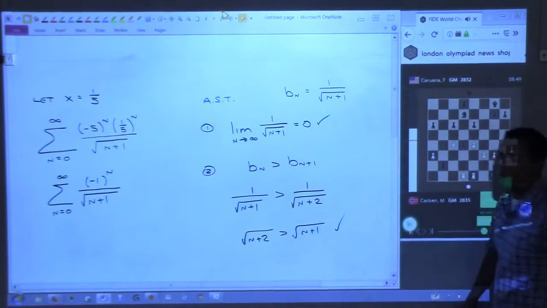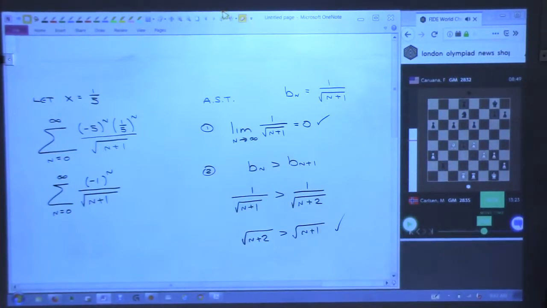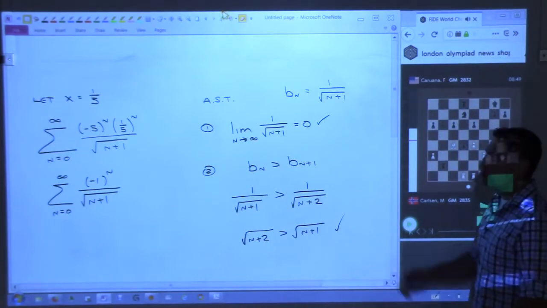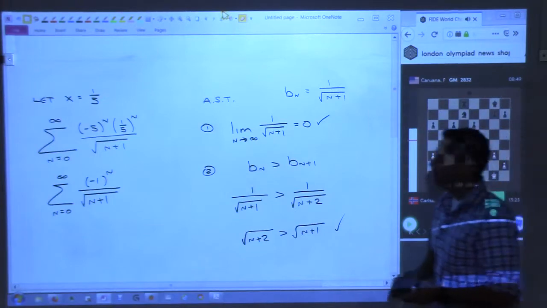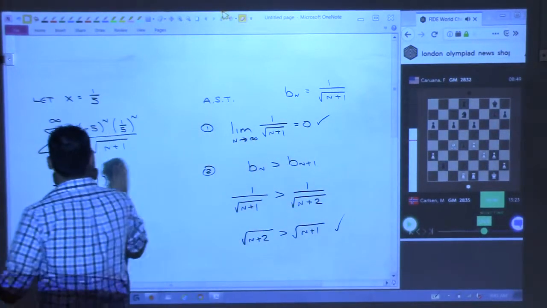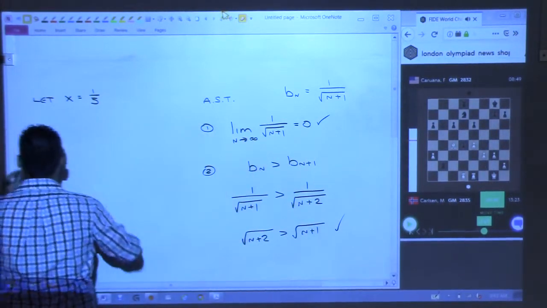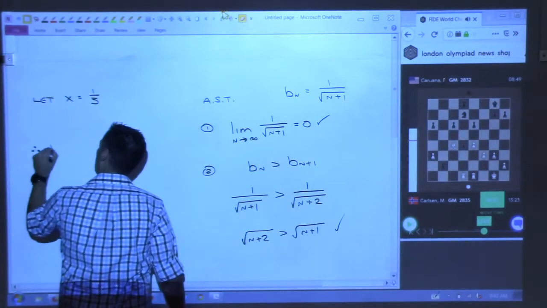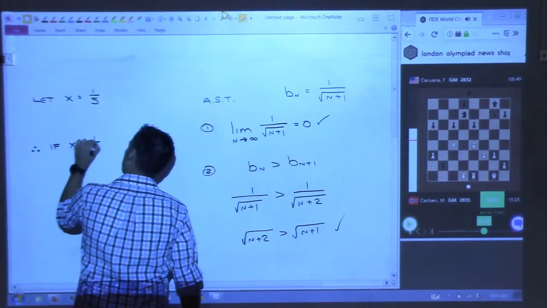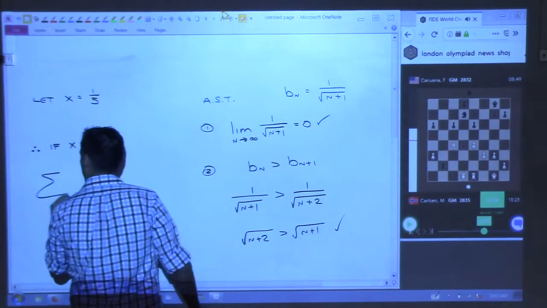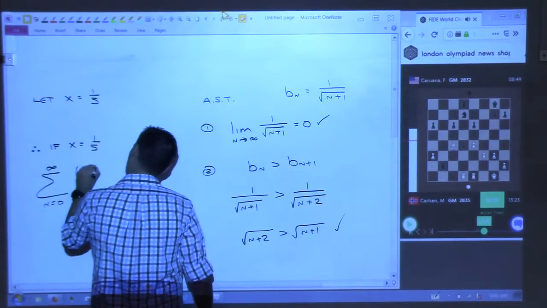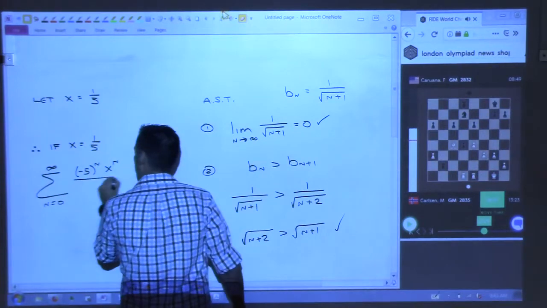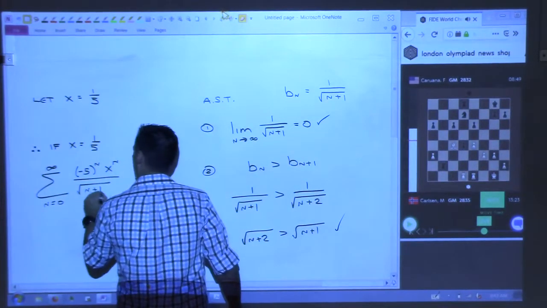So what does it do? It converges, right? It converges, which means we can include x equals 1/5. Therefore, if x is equal to 1/5, the original series converges.